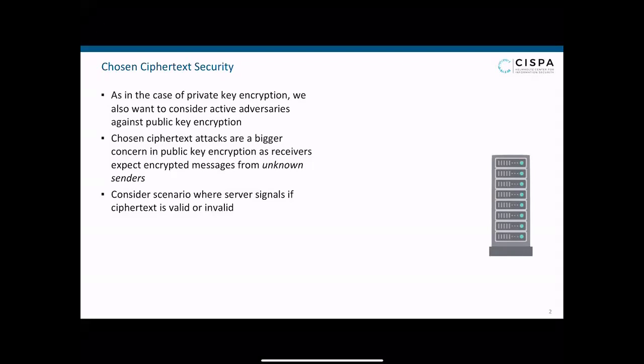Good. And let's consider a very simple scenario where a web server just signals to the user if a ciphertext is valid or invalid, right? We need some mechanism like this because the network connections that we use are sometimes faulty.